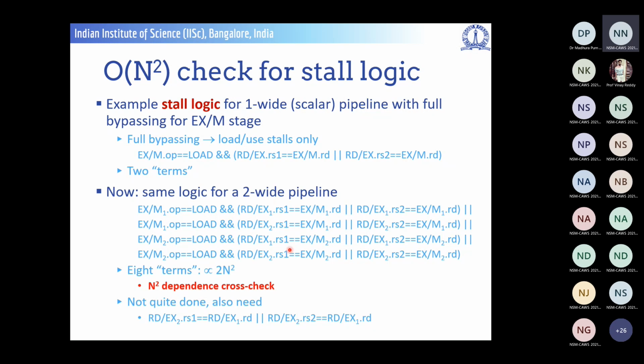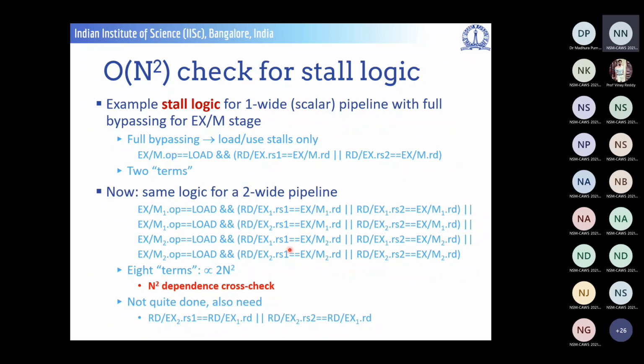So for each of these combinations, 2 times 2, you need to check if there is any match between the destination operand, RD, of the two instructions in the M stage and the source operands of the instructions that are following.